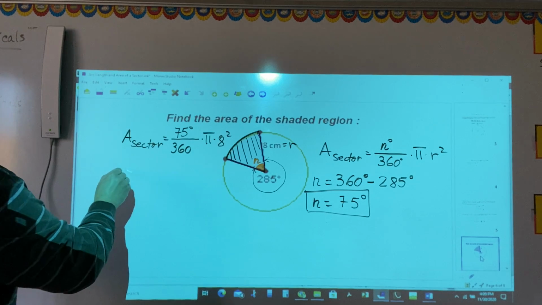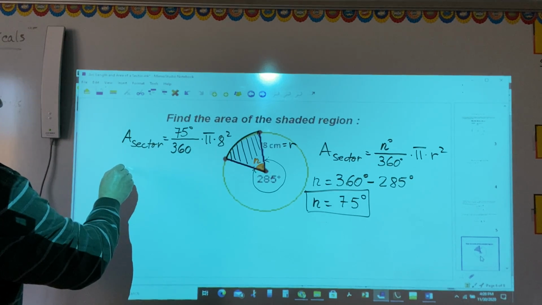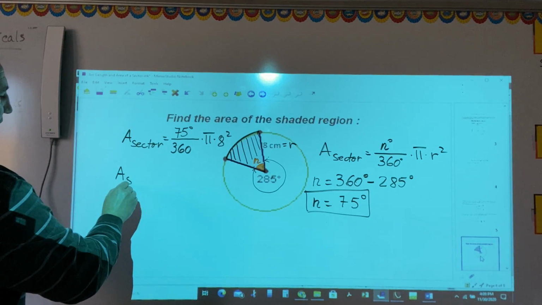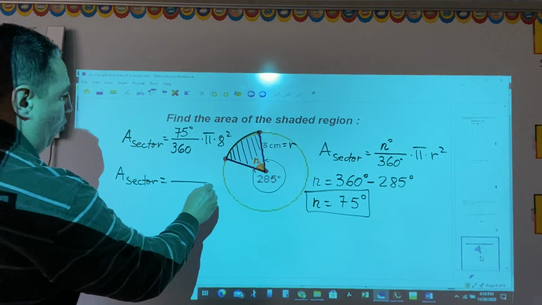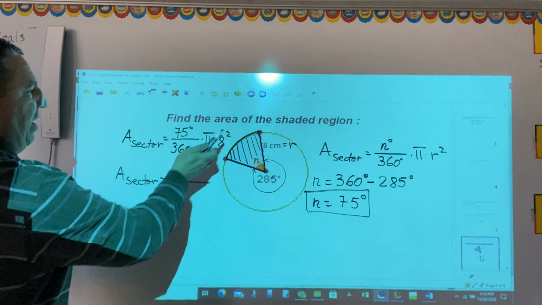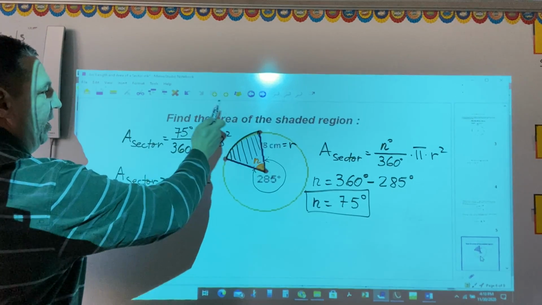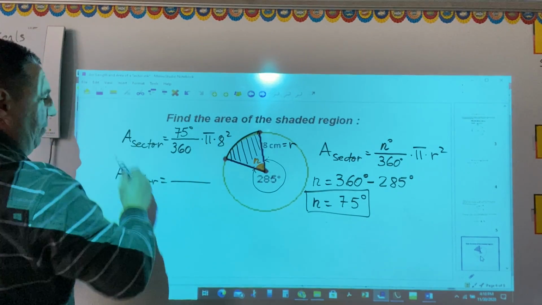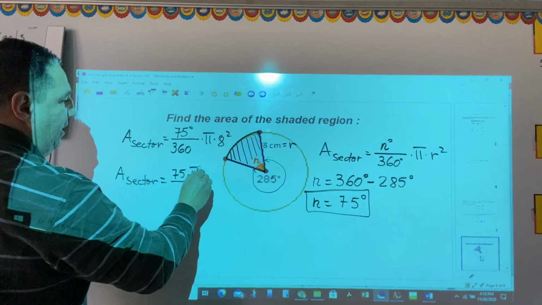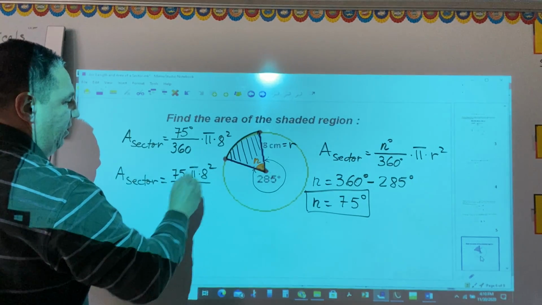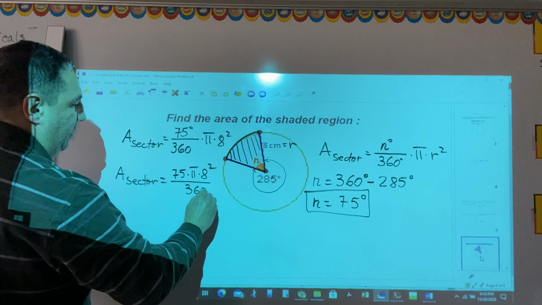Good. So we rewrite the area of the sector as one fraction by putting this product on top: 75 times pi times 8 squared over 360.